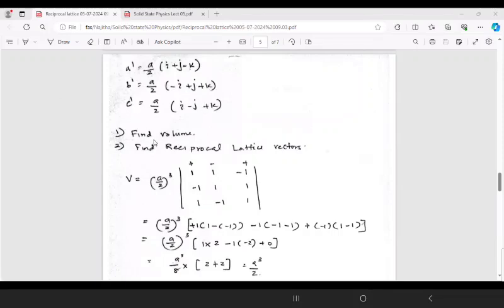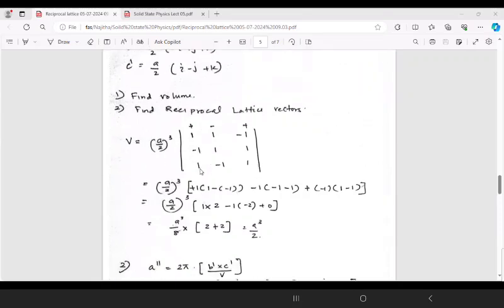So what do you want to do? First, you need to find out the volume. To find the volume, you need the determinant method. So you have to take a by 2, a by 2, a by 2, so (a by 2) cube. Then you need to write down the vectors: 1, 1, minus 1; minus 1, 1, 1; 1, minus 1, 1.